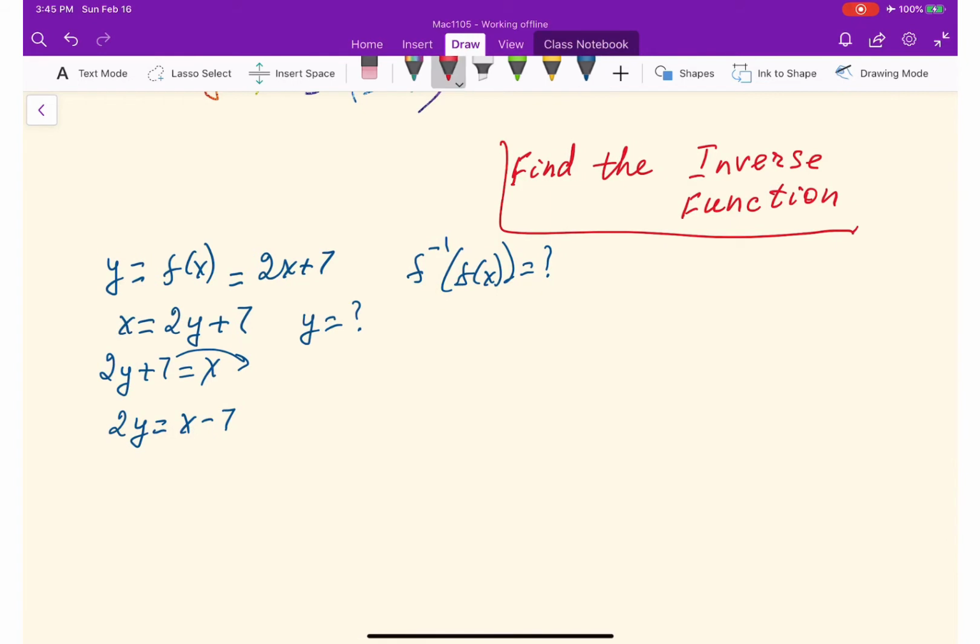And dividing by 2, y is equal to x minus 7 over 2. So this is the inverse of f of x.